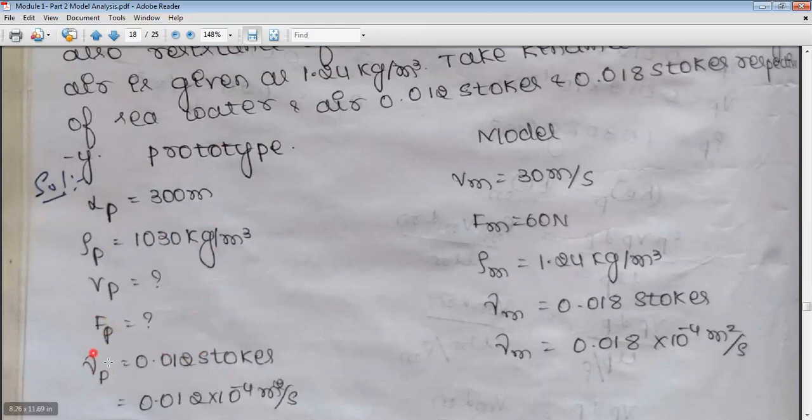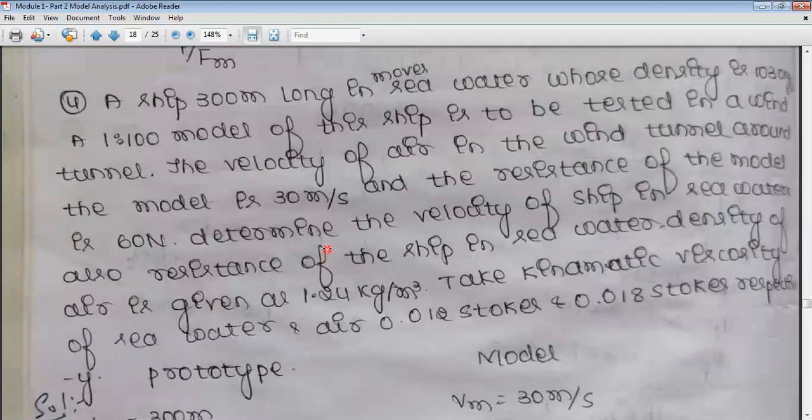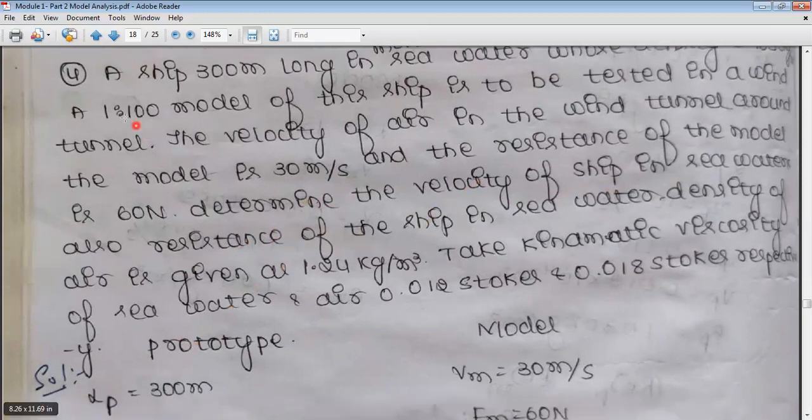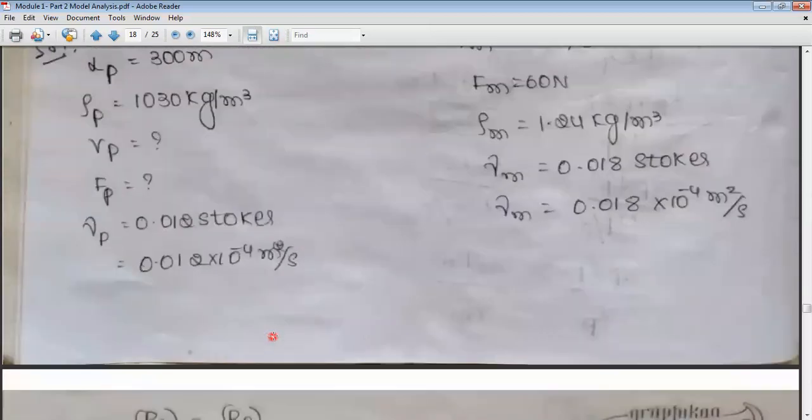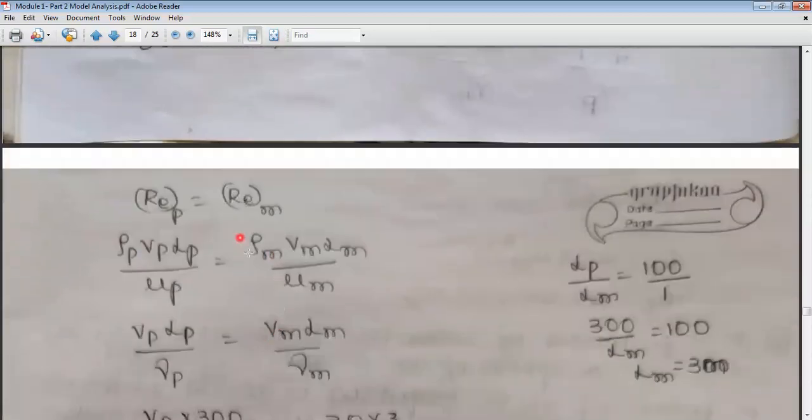The force in the prototype is missing, and the velocity of the prototype is missing. You have to determine the velocity of the ship in the seawater, also resistance. So first you have to find velocity, then you have to find the force. Here 1:100 model means Lp is equal to 300 meter. So you just substitute here. I have written Lp by Lm is equal to 100 by 1. The higher number always indicates the prototype.